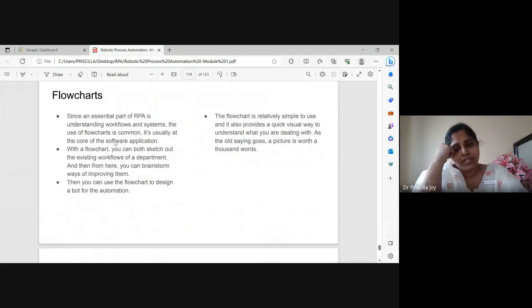So it is also easy for us to visually know what the workflow is that we'll be carrying out in a common software application, and how it proceeds in sequence.